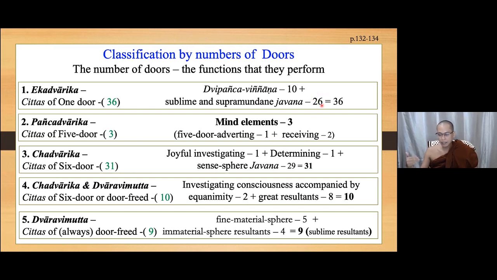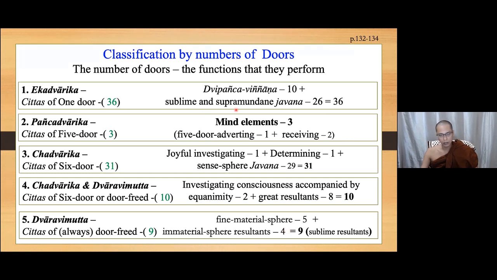Okay, now we get another classification: the consciousness only in 5 door, the consciousness only in mind door. So 13 consciousness are only in 5 door, and 26 consciousness are only in mind door. Then 31 can be in 6 door, and in the same way, 10 can be sometimes in 6 door and sometimes door free, and 9 always door free.